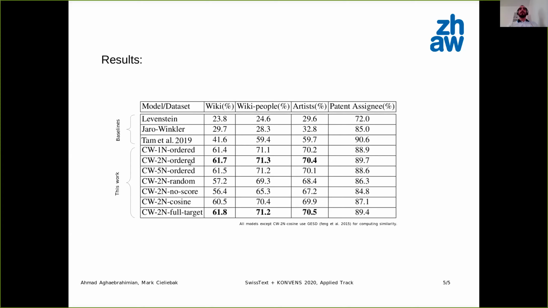Ordered models are evaluated only on the window of formal names, while full target is evaluated on the full set of formal names, which is not possible in an industrial-strength application because of the time it requires, but you observe that the results are not that much different from each other.